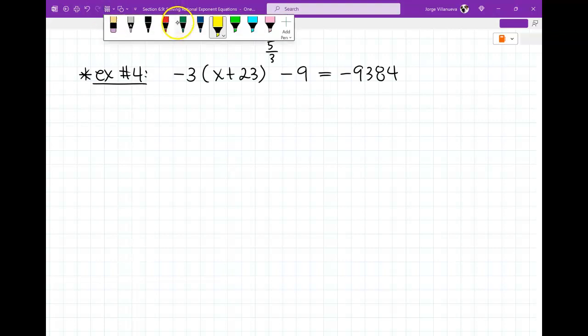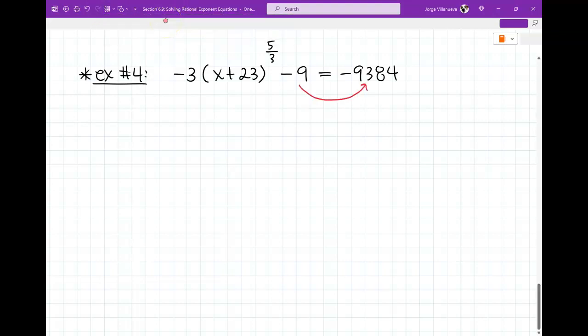So I end up with -3 times x plus 23 to the 5/3 equal to -9,384 plus 9, which is what? 375. Thank you. Now, the next thing is to get rid of that -3, which is multiplying the x plus 23 term.